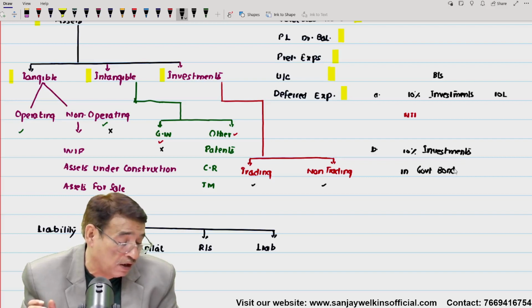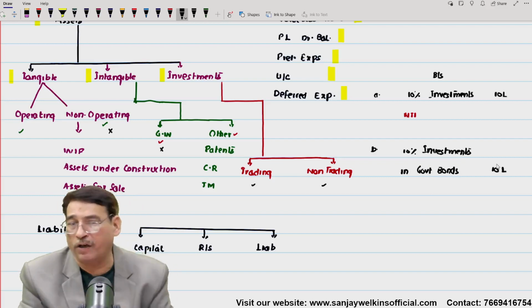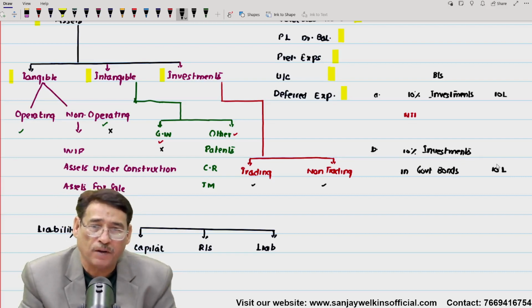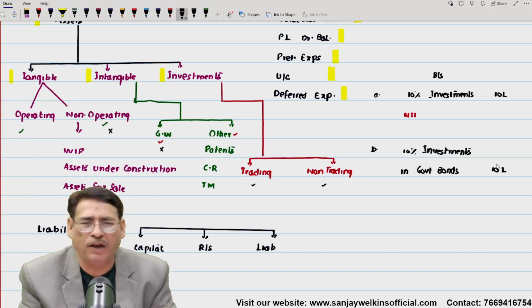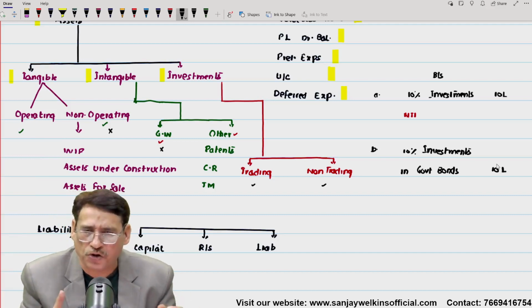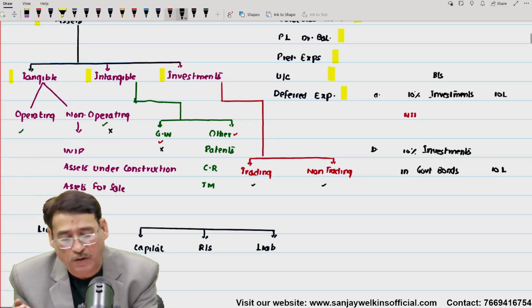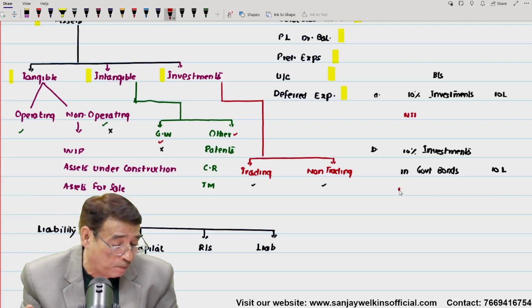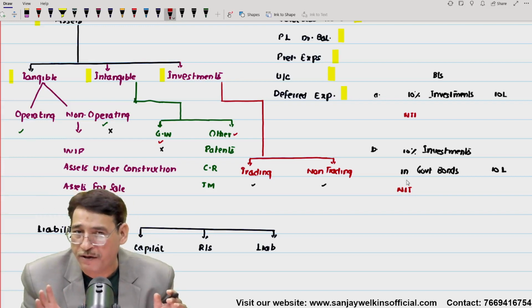Now tell me whether these are trading or non-trading. They are still non-trading. I told you, investment means we have invested the amounts in bonds, in shares, in debentures, or any other financial instruments. So again, it will be treated as non-trading. So the important point which you need to understand is that 99.99% of investments are always non-trading.